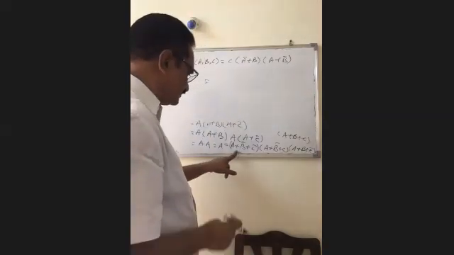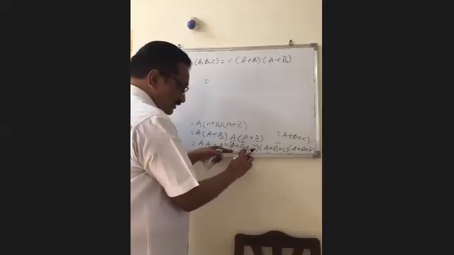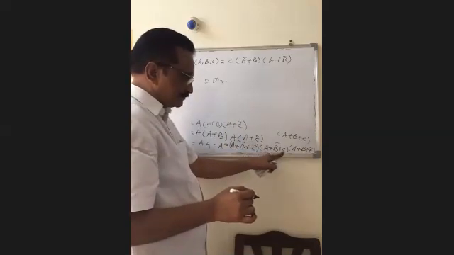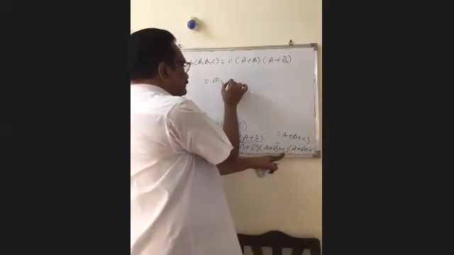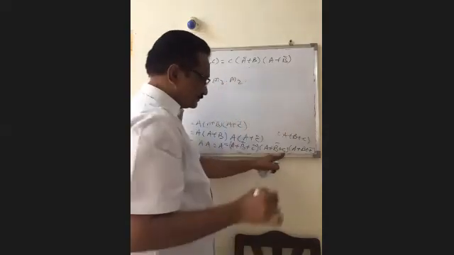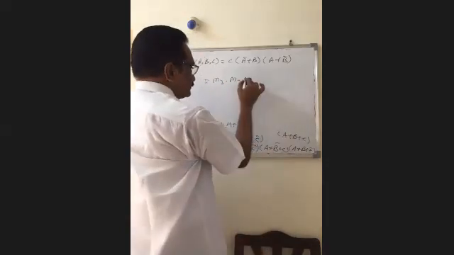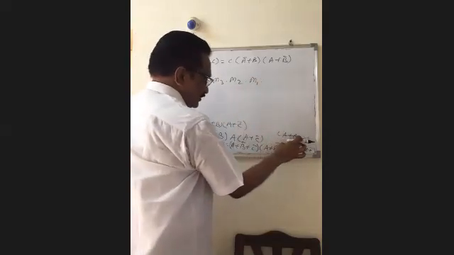So for this one, M2, 0, 1, M3, into 0, 1, 0, 0, 0, 1, 0, 0, 0.